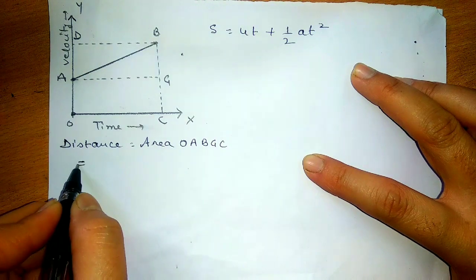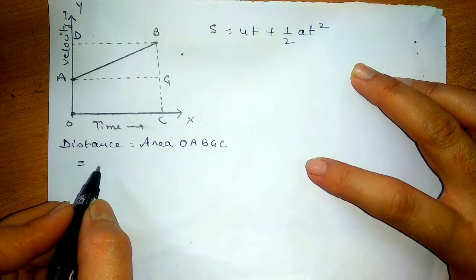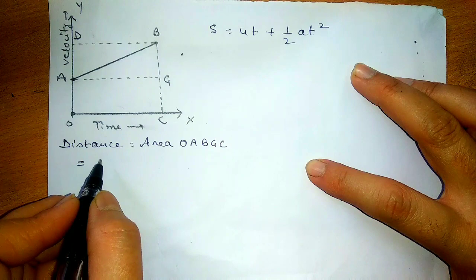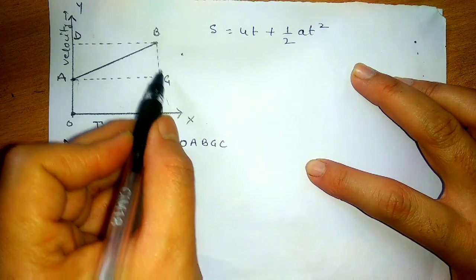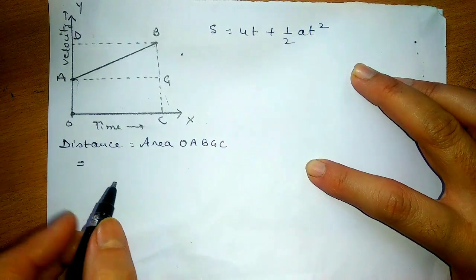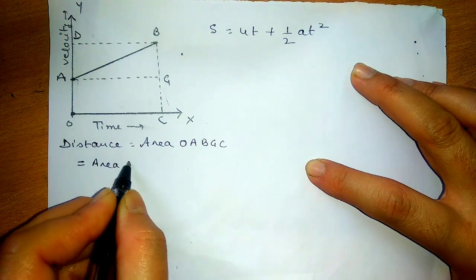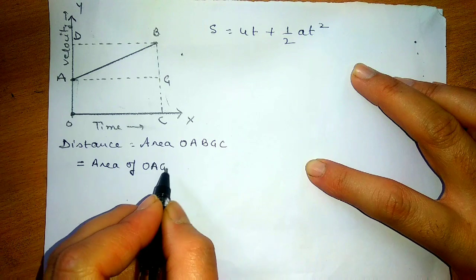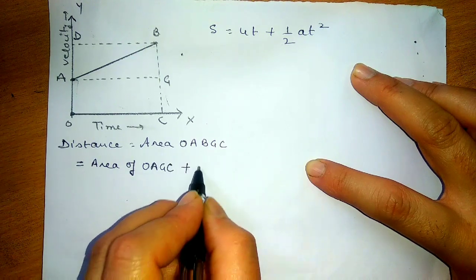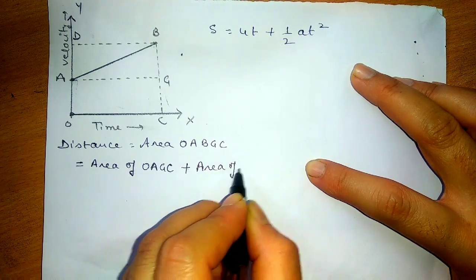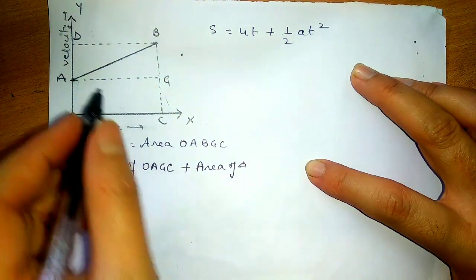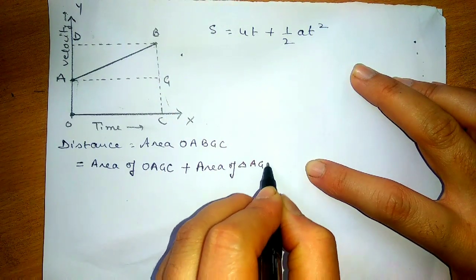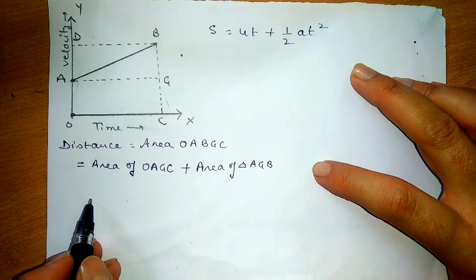Now, as we have discussed in the previous video also, the area of this trapezium can be written as the area of this rectangle plus the area of this triangle. So the area of the rectangle is OAGC, that is length into breadth, plus the area of triangle AGB, that is half into base into height.